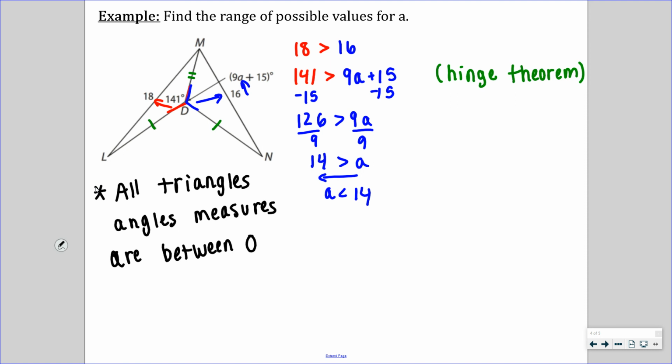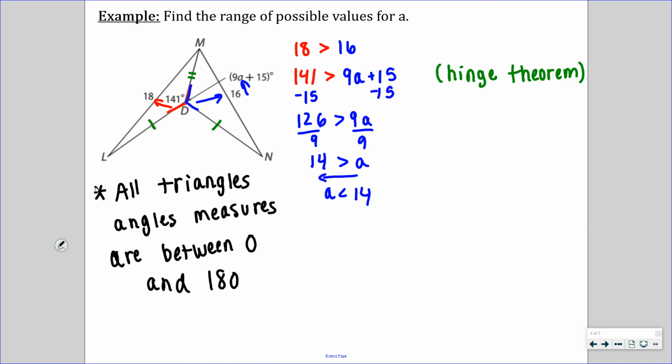I know it can't equal 0, but it can be in between 0 and how many total degrees can't we go over in a triangle? 180. So negative 885 is not in between 0 and 180, right?